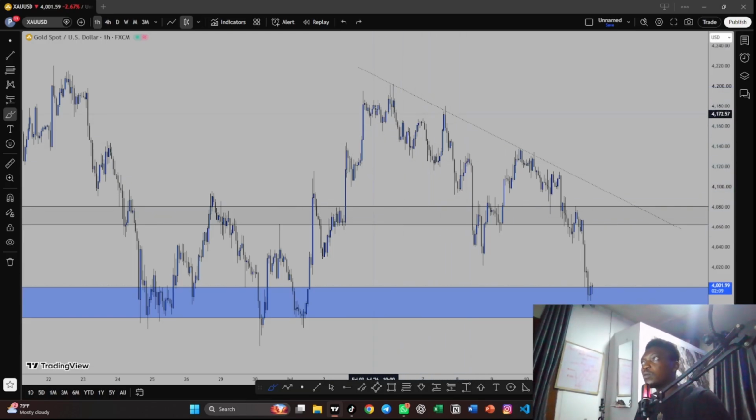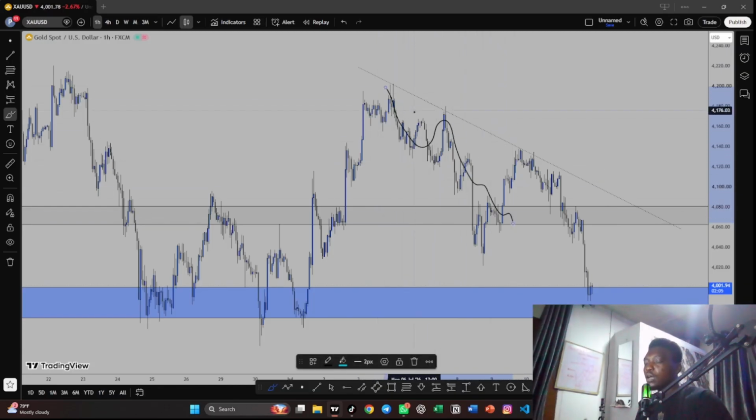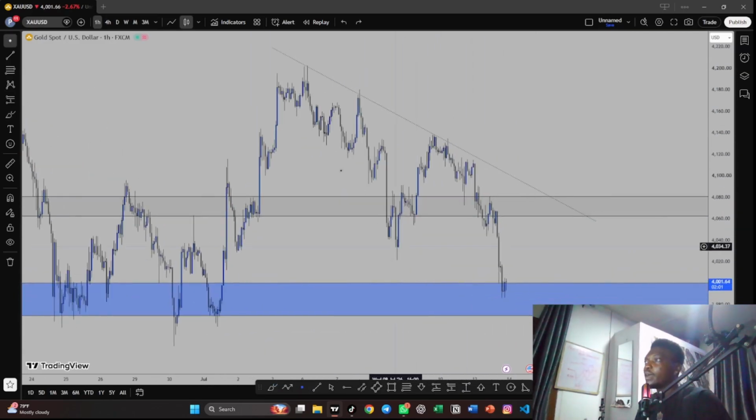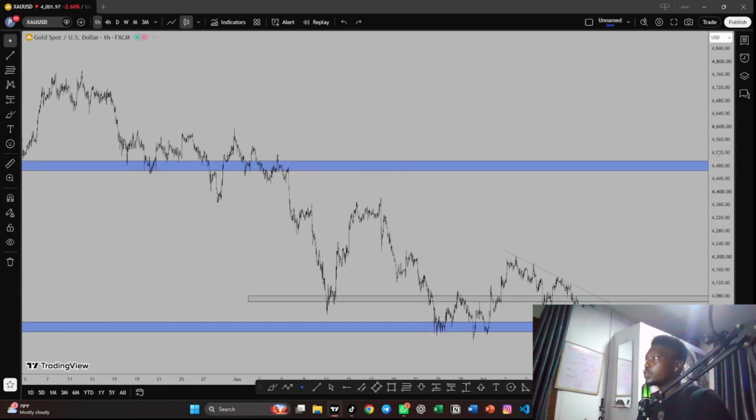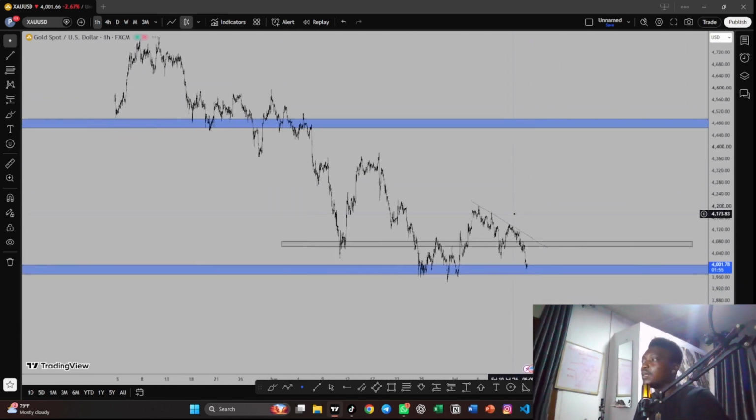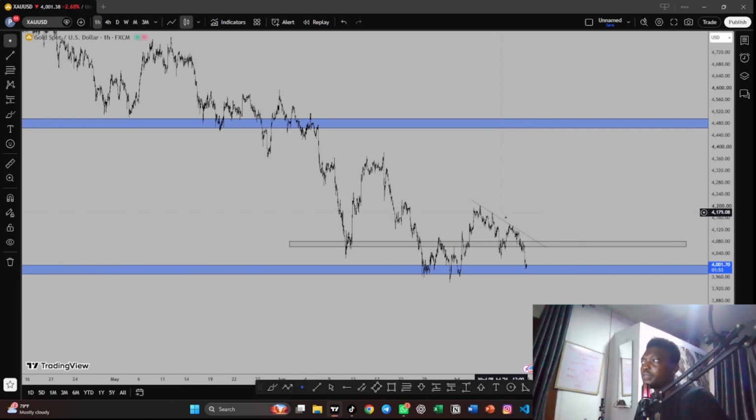But you see, when we start moving in waves back to the zone, I'm using a counter trend line. So that's the reason why. So I have this counter trend line. In fact, one of my students was also anticipating a buy. I said, let's wait for the break of this counter trend line. If we don't have this break of this counter trend line, then there is no reason to buy gold yet. Now look at it.